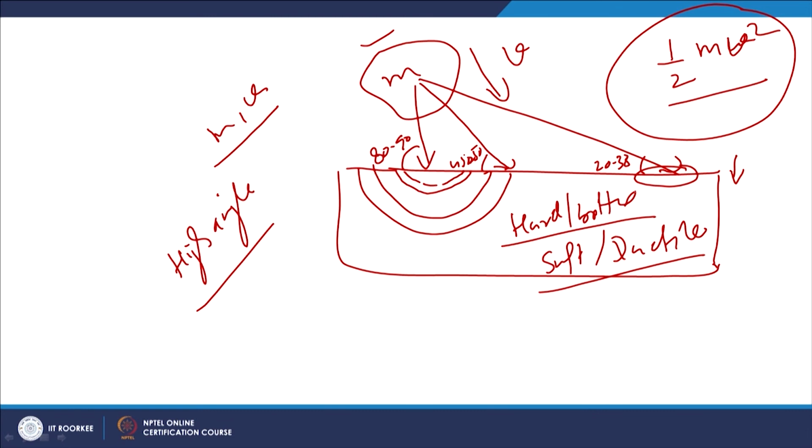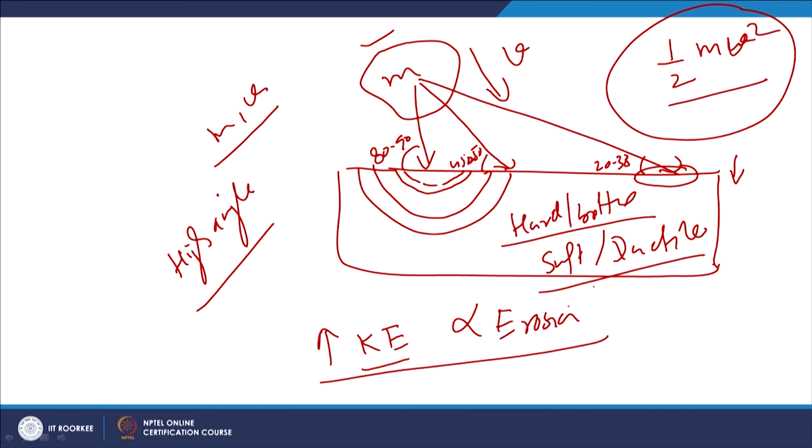It means that an increase in kinetic energy in general increases the erosion of material from the functional surfaces. So, this is one aspect as far as erosion is concerned.